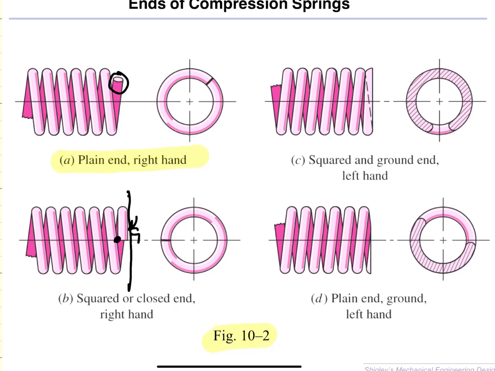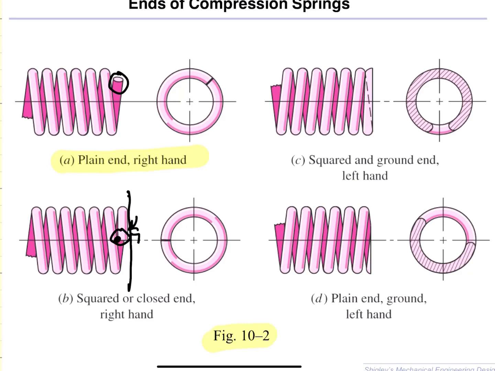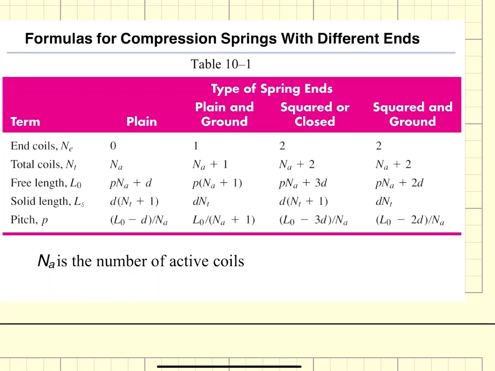This is called squaring, when you turn the coil so that the last one touches the next coil. The other thing that we can do is square that last coil and then grind it flat to create a really nice squared and ground end coil spring, which will really happily stand on its own. Or we can take this simple plain end right hand and, instead of turning it, just grind it flat.